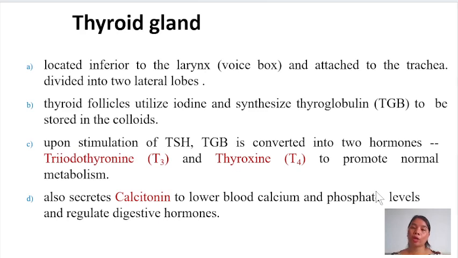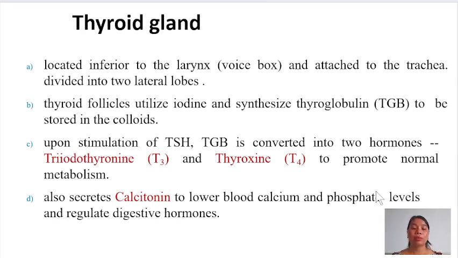Next is the thyroid gland. We will see the thyroid gland is located in the larynx, also called the voice box, attached to the trachea and divided into 2 lateral lobes. The thyroid follicle utilizes iodine and synthesizes thyroglobulin to be stored in the colloids.